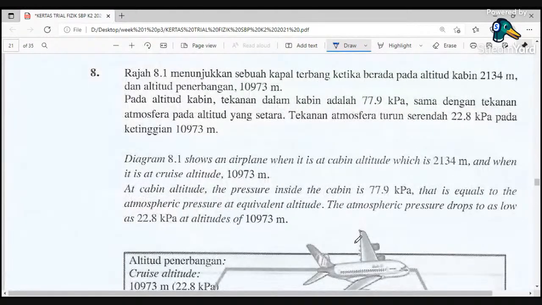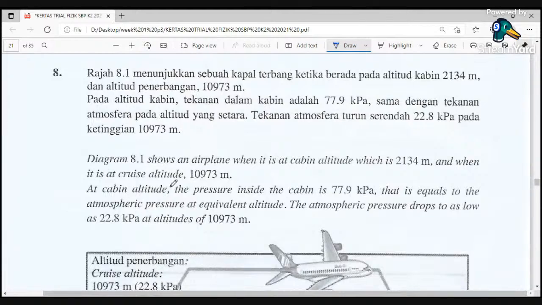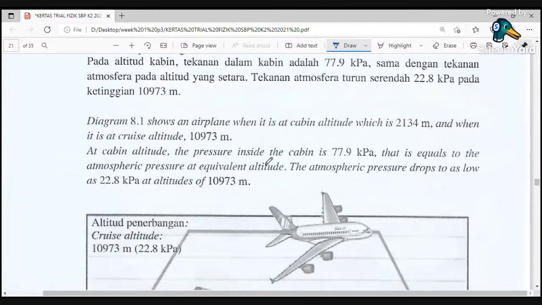Okay, number 8. Diagram 8.1 shows an airplane with a cabin altitude of 2134 meter, and a cruise altitude of 10973. At cabin altitude, the pressure is 77.9, equal to atmospheric pressure at the equivalent altitude. Atmospheric pressure drops as low as at an altitude of 10973.